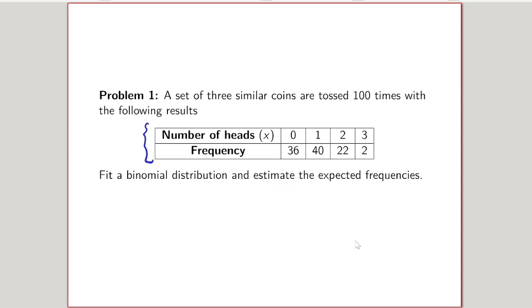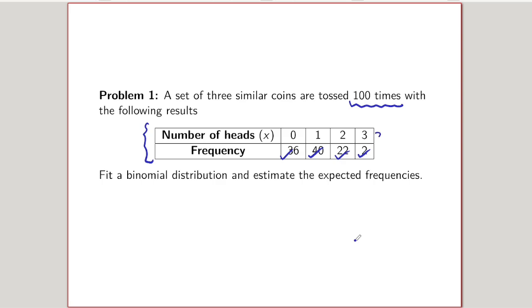The first question. A set of three similar coins are tossed 100 times. Note that the throw has been done 100 times with the following results. In 36 times there are no heads, in 40 times we are getting one head, in 22 times we are getting two heads, and in 2 times we are getting 3 heads.